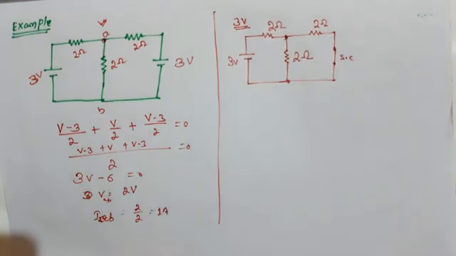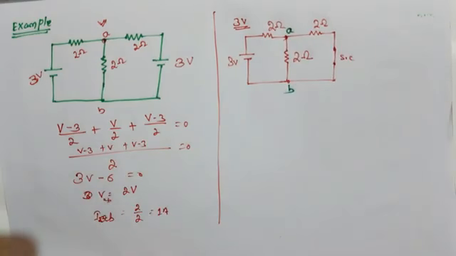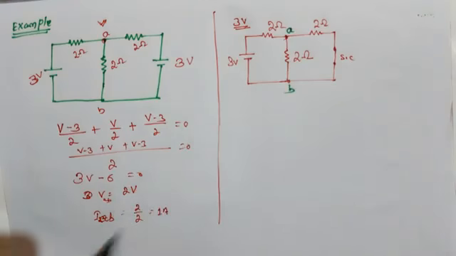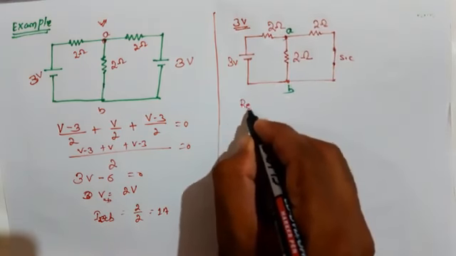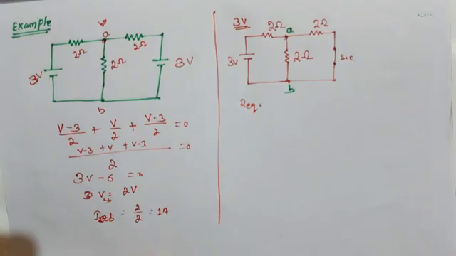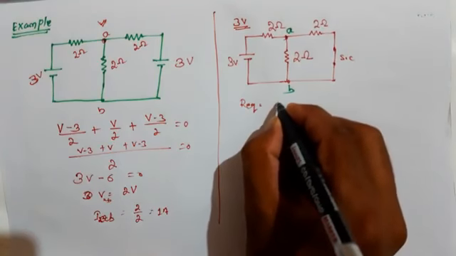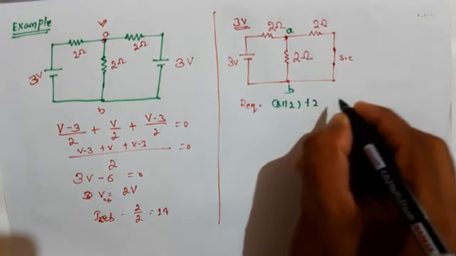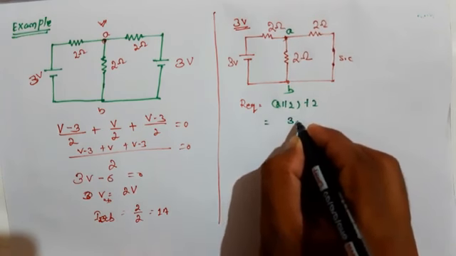Okay, we need to find the voltage across this and the current in AB. Let's find the total current first. These two are in parallel, so the total R equivalent is equal to 2 parallel 2, plus 2, that is equal to 1 plus 2, which is 3 ohm.